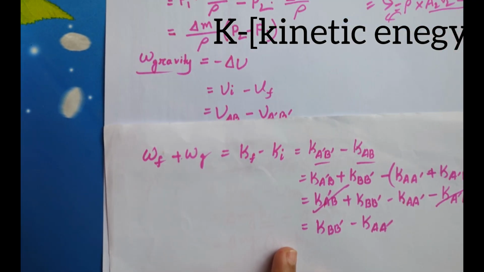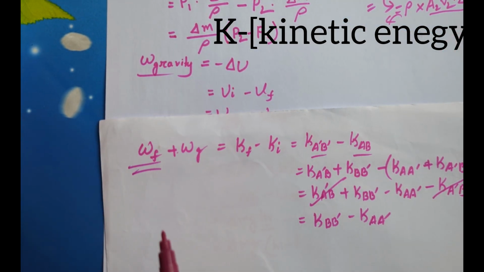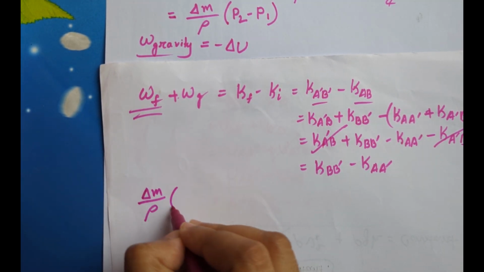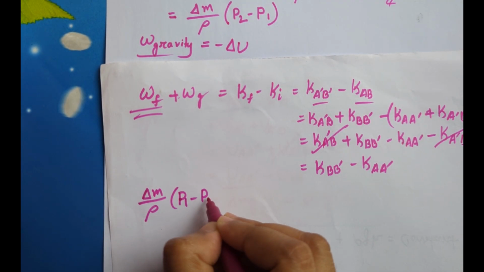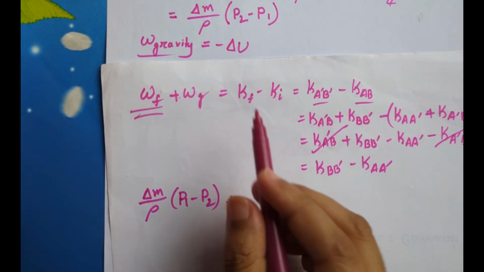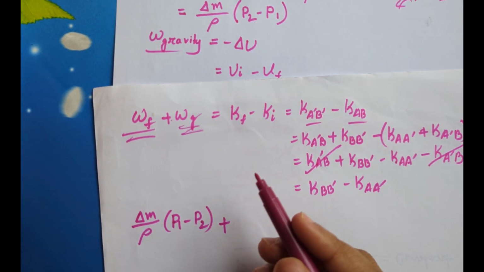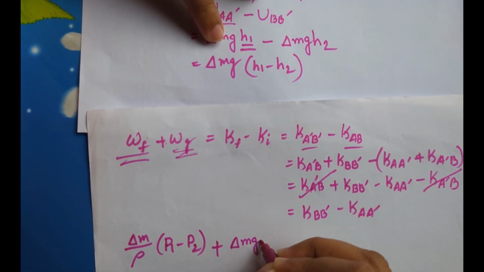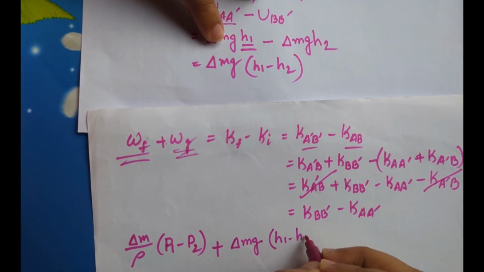So from our previous equation, we can write the work done by the fluid as del m by rho times (P1 minus P2), plus the work done by the gravity force, which we have found to be del m g times (h1 minus h2).